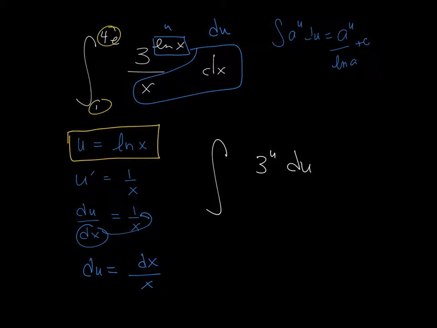So u for the upper limit is going to equal the ln of 4e, which is just the ln of 4 plus the ln of e. The ln of e is just 1. And then the bottom limit is just the ln of 1, and the natural log of 1 is always going to be 0.